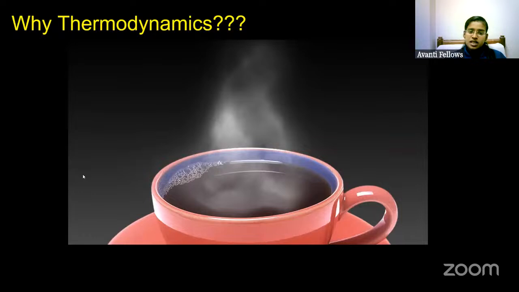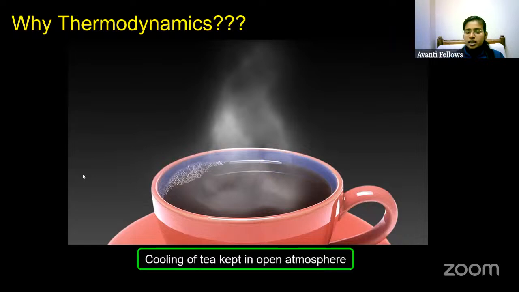If I keep this in an open atmosphere, will it remain hot for the whole day? It will get cooled down. So the cooling of tea is happening when it is kept in an open atmosphere.